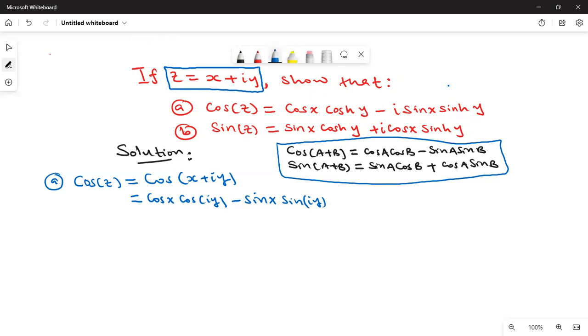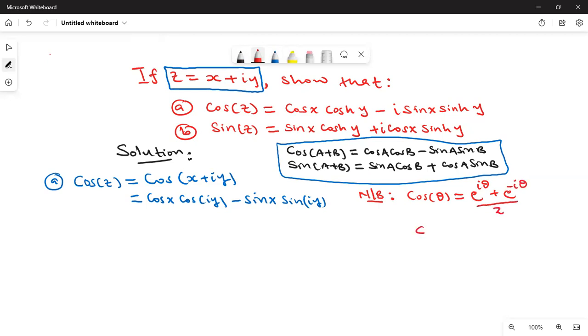I also want us to take note of these other identities. Cosine of theta is the same as exponential i theta plus exponential negative i theta, everything divided by 2.